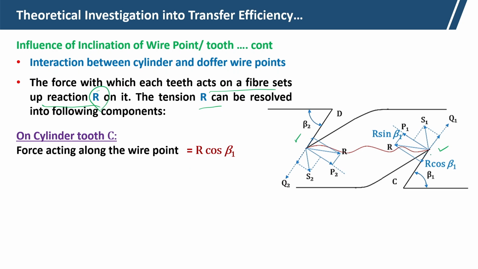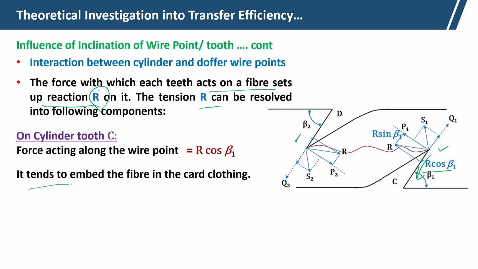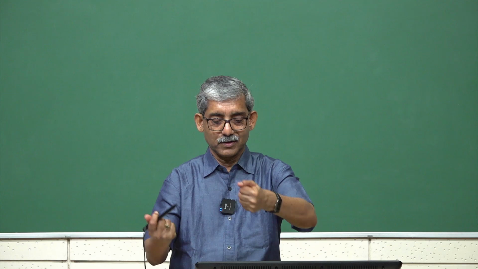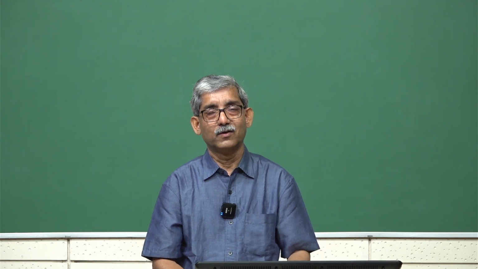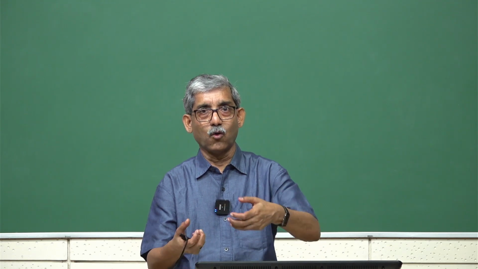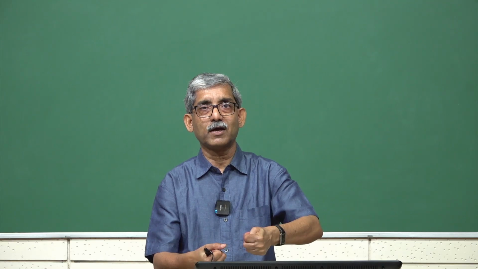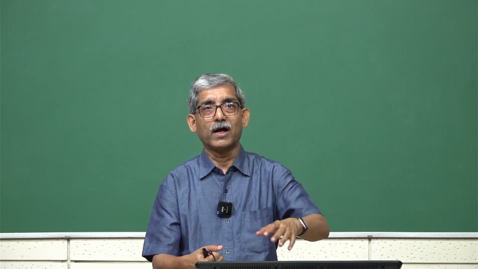This force acting along the wear point is R cos beta 1, and it tends to embed the fiber in the carding clothing. Since this force is along the wear point, it tends to grip the fiber along the wear point.